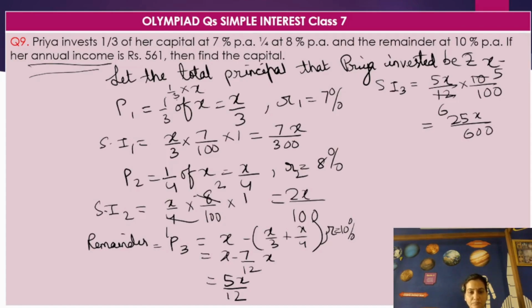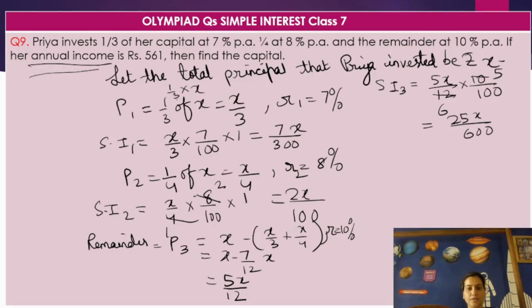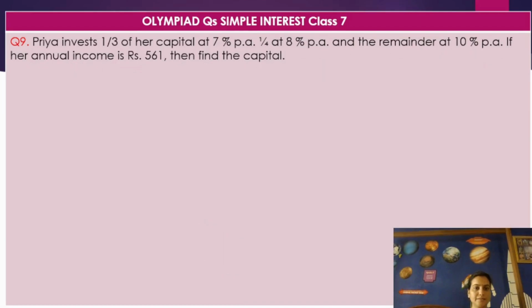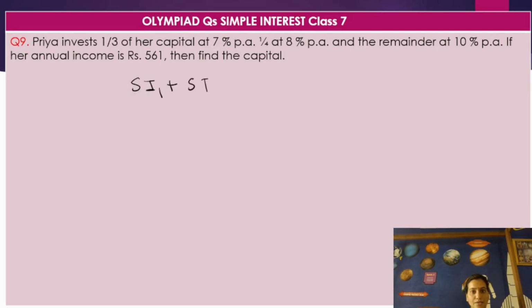Okay, so let's do this calculation. The three simple interests together will be equal to rupees 561. This is her annual income from all that she has invested in three different investments. So let's put the values.